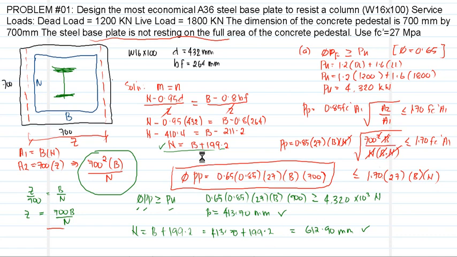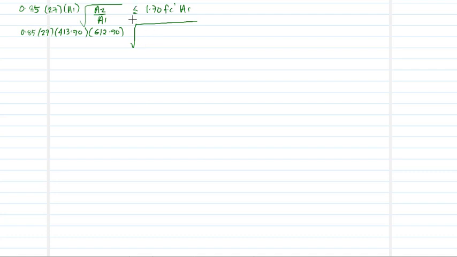Okay? So, that is 700 squared b, which is 413.70 over n, yung 612.90 multiplied by area, which is 413.7, area 1, which is 413.7 times 612.90.